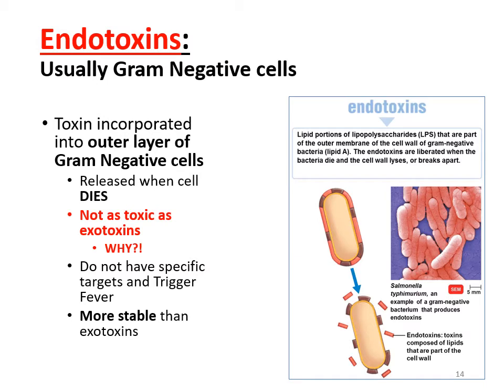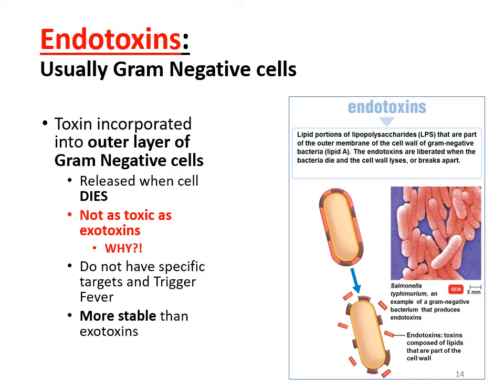Whereas a serial killer, which is the exotoxins, is still alive. They can keep killing, keep releasing toxins. So endotoxins are not as toxic because they're basically suicide death. So endotoxins are less toxic and released only when they die.